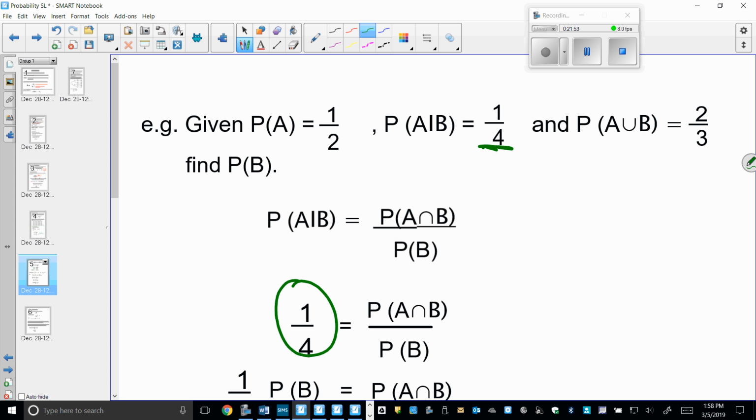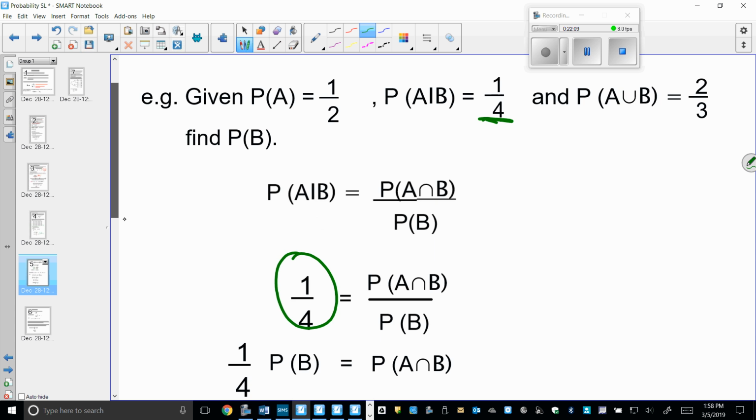A intersect B, well, have I been given that information? No, not yet, so let's deal with that in a second. Probability of B, do you know that? No. So far we're looking like we're in trouble.